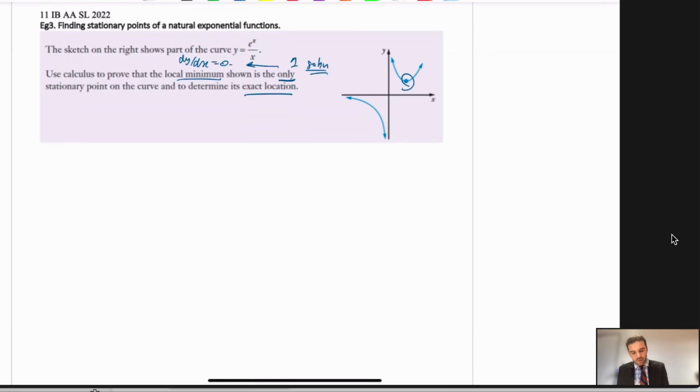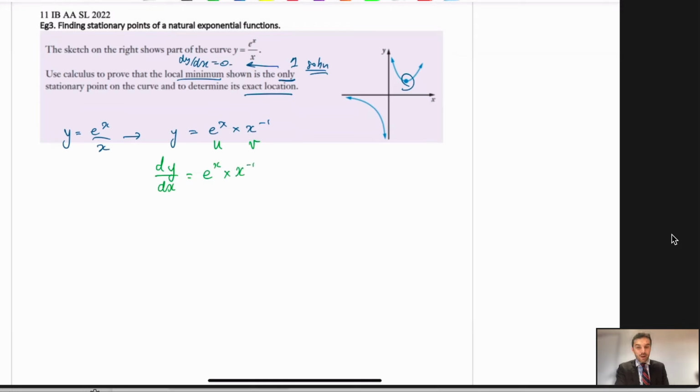So first thing, we've got to differentiate. y is equal to e to the x on x. Let's change that to y is equal to e to the x times by x to the negative 1. Now we can use the quotient rule here, but I prefer the product rule. Let's write u under here and v under here. We want to differentiate this. u dash becomes e to the x times by x to the negative 1.